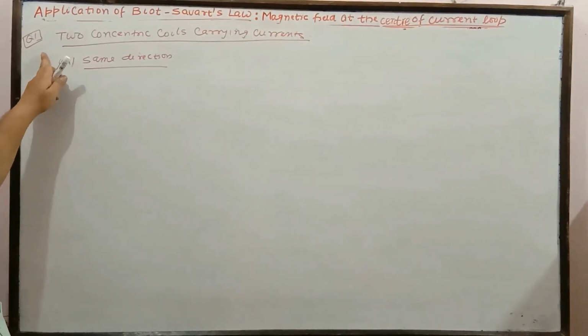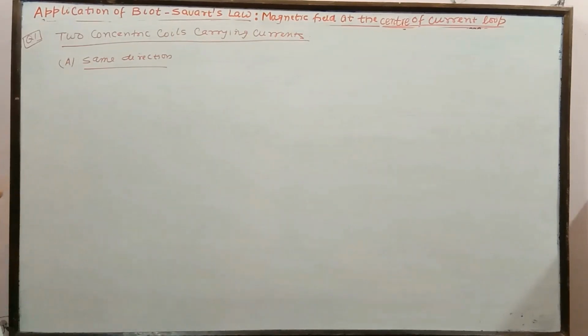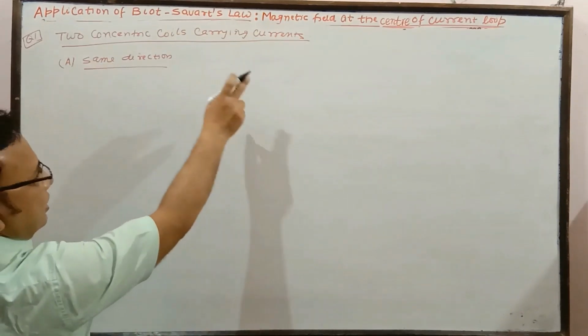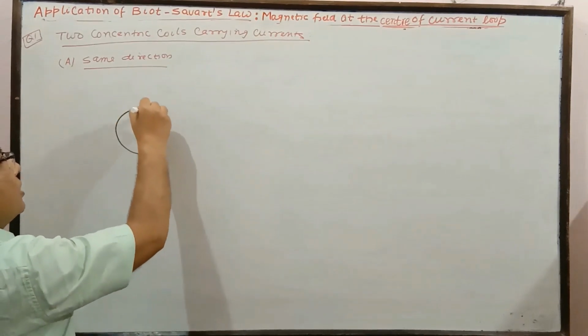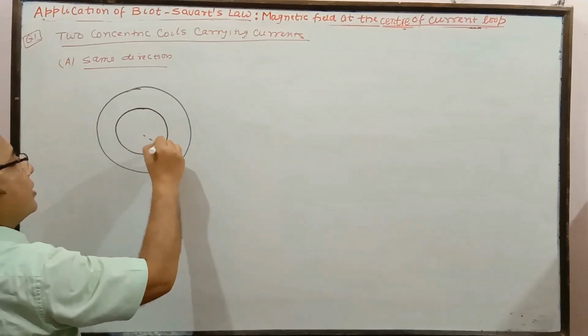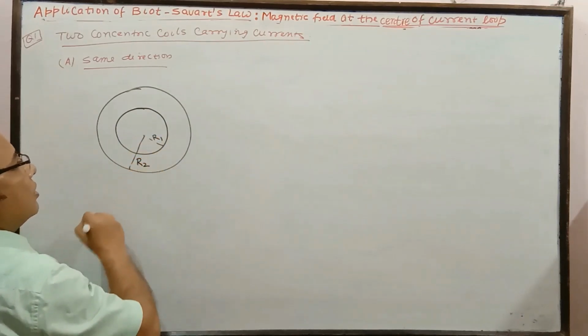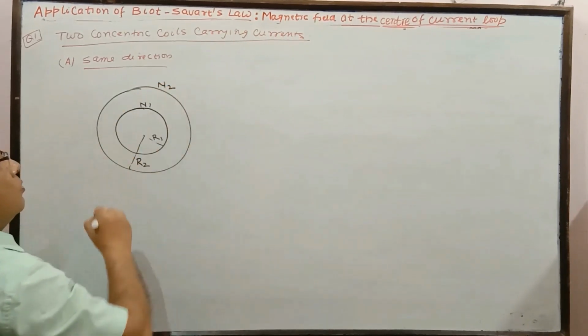Question number 1 is on magnetic field at the center of a current loop. Two concentric coils carry current in the same direction. Let us assume the first coil is there, the second coil is there. Its radius is say r1, and the outer one has radius r2. Number of turns n1, n2.